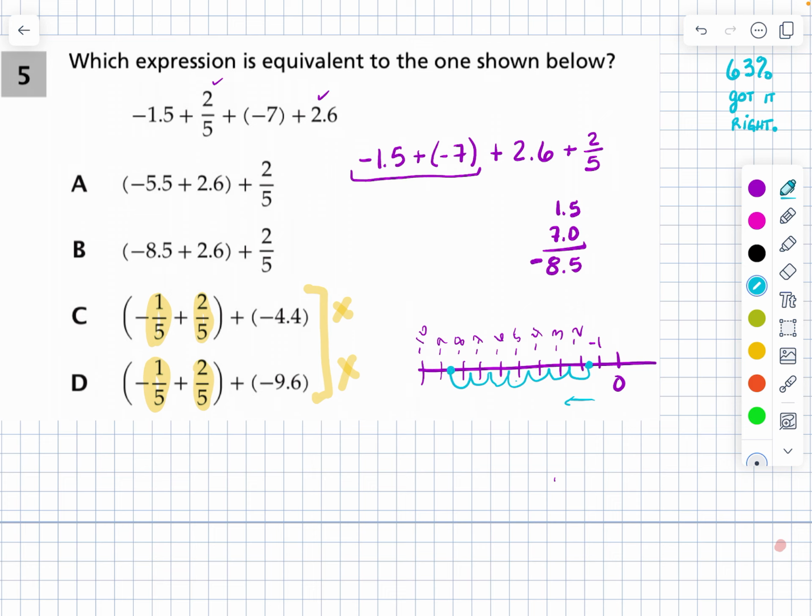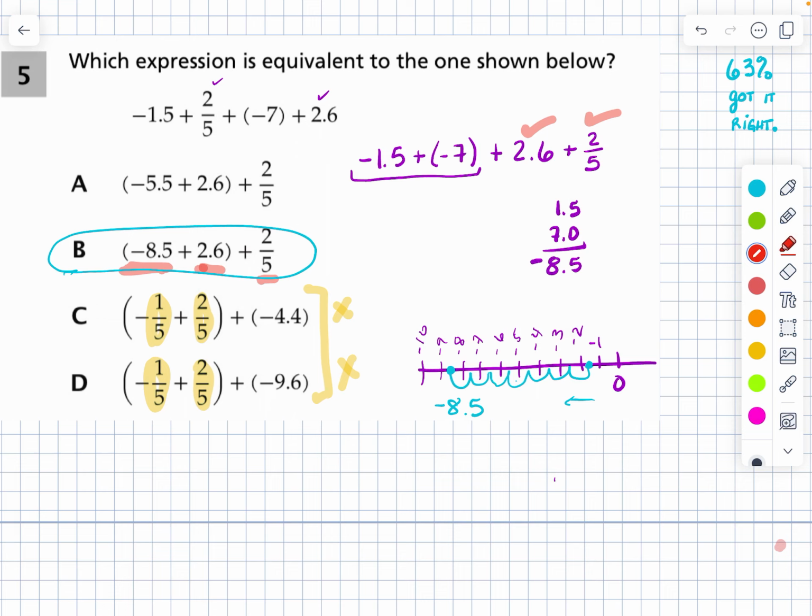So now you can see this ends up between -8 and -9, so it's -8.5. Okay, now look at your answer choices, and there it is right there. There's your -8.5, plus the 2.6 plus the 2/5.